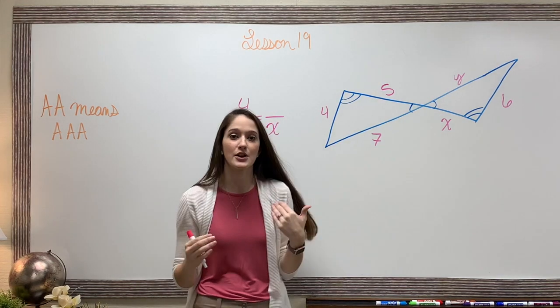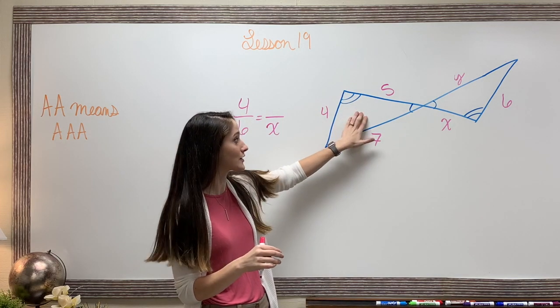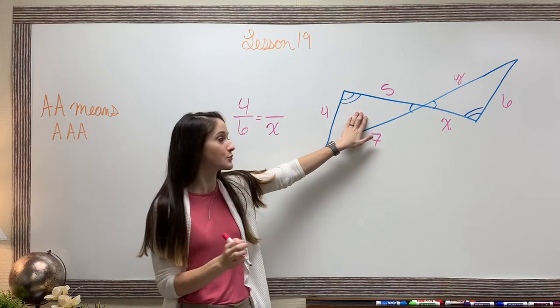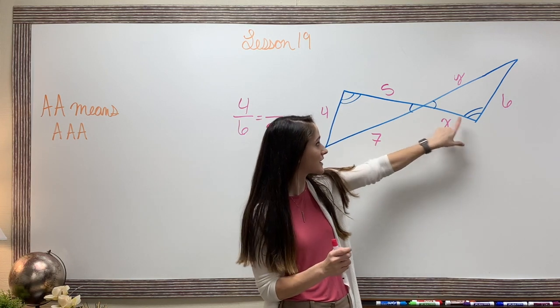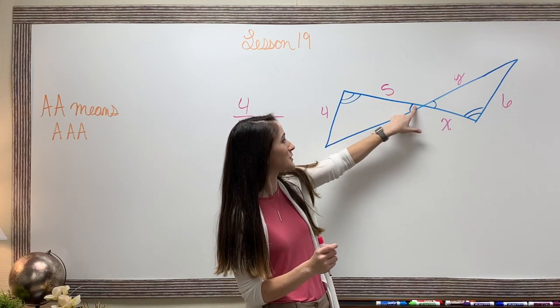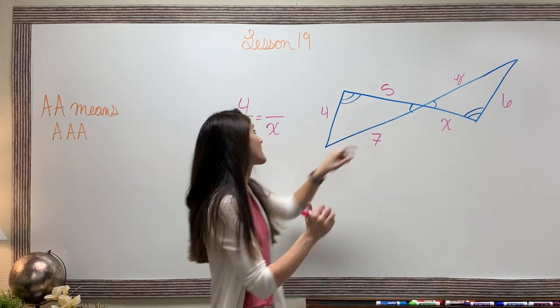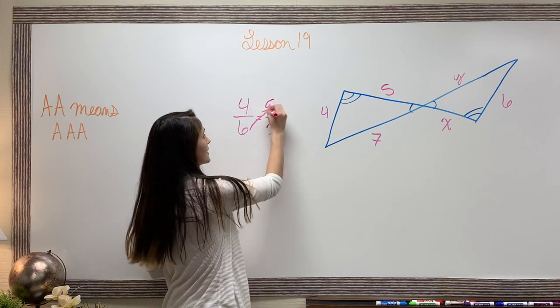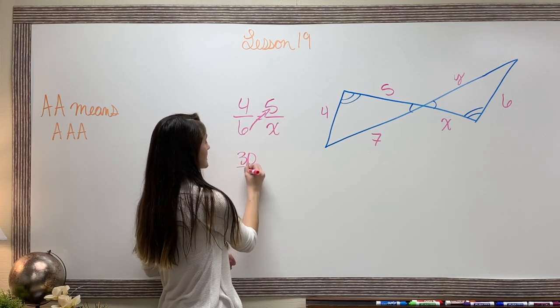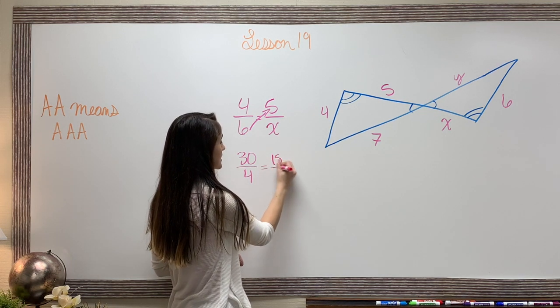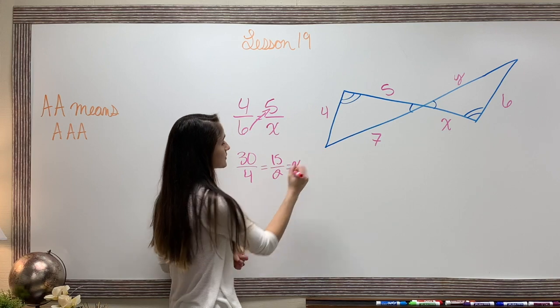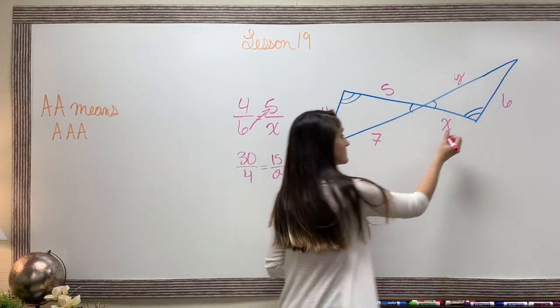And now I have to figure out which side on this triangle is in the corresponding place as X. And so X falls between our first and our second angle. So the side that falls between our first and second angle here is 5. And now we're going to cross multiply. So 30 divided by 4, we're always going to reduce. So this will be 15 over 2 equals X. Okay, so we found our first side.